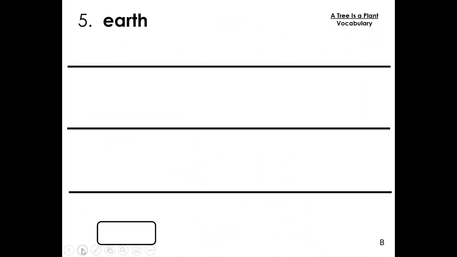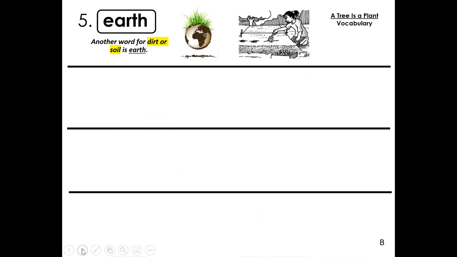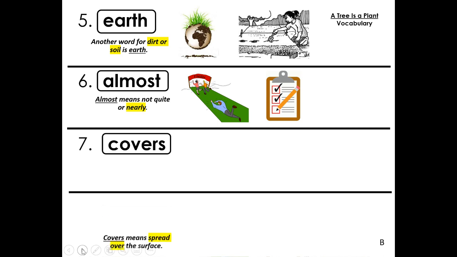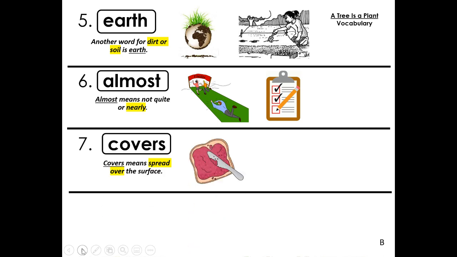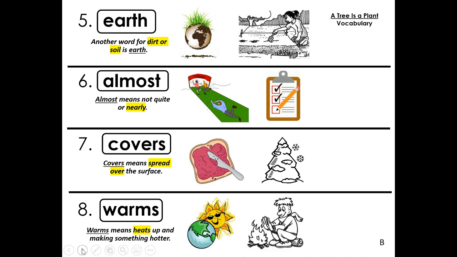Number five, earth. Another word for dirt or soil is earth. Number six, almost. Almost means not quite or nearly. Number seven, covers. Covers means spread over the surface. Number eight, warms. Warms means heats up and making something hotter.